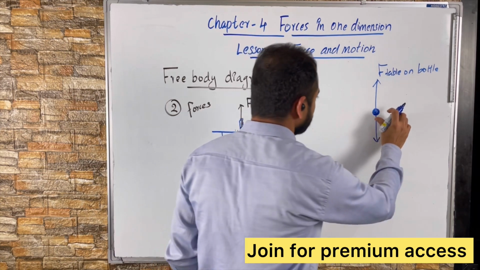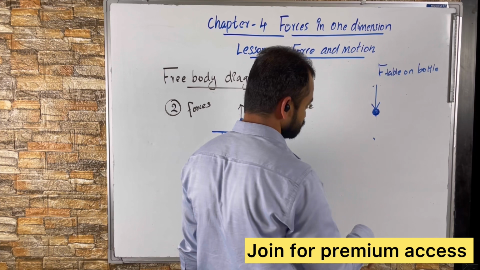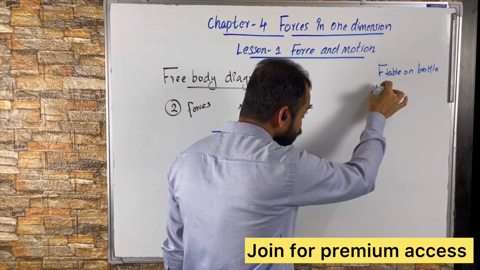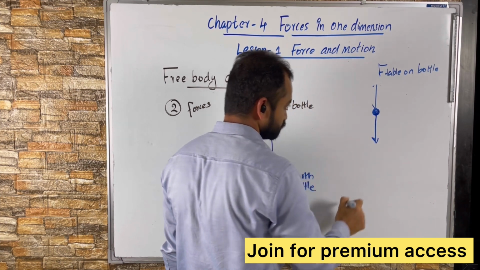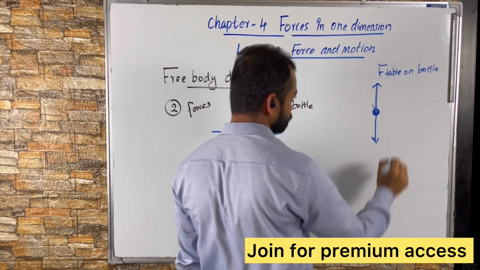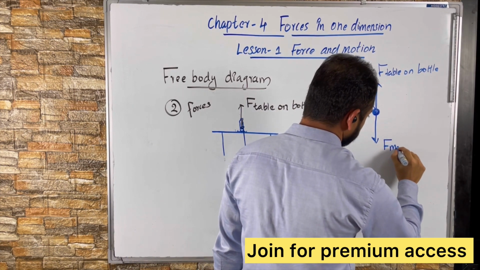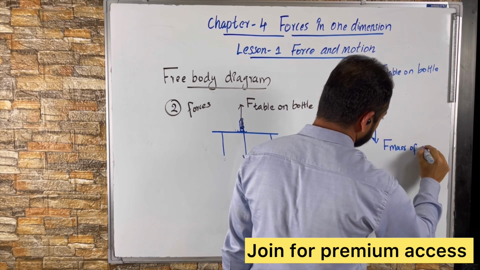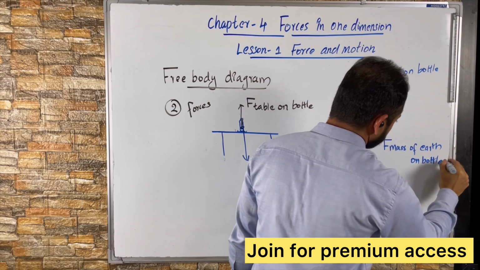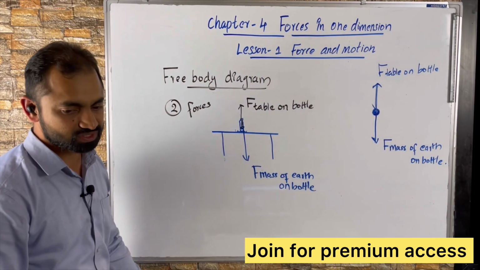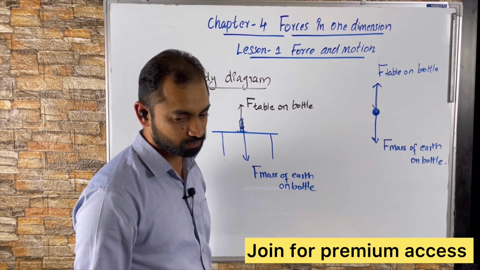We will not draw the downward force towards the dot. We will always draw the forces away from the dot. This force is also away from the dot. So here we will write F mass of earth on bottle. So this is the free body diagram for this example.